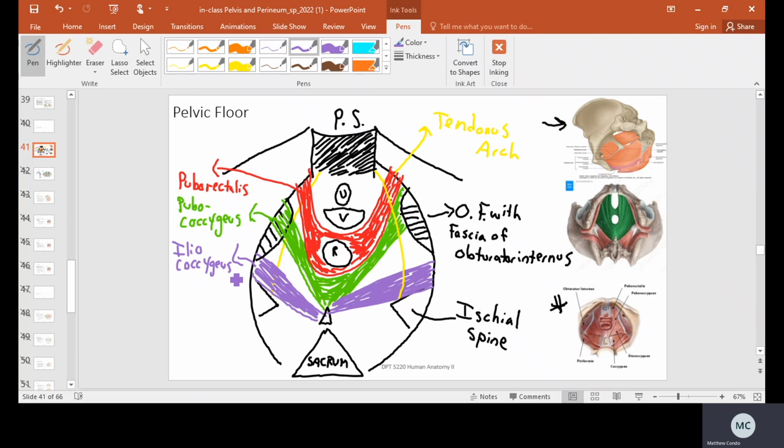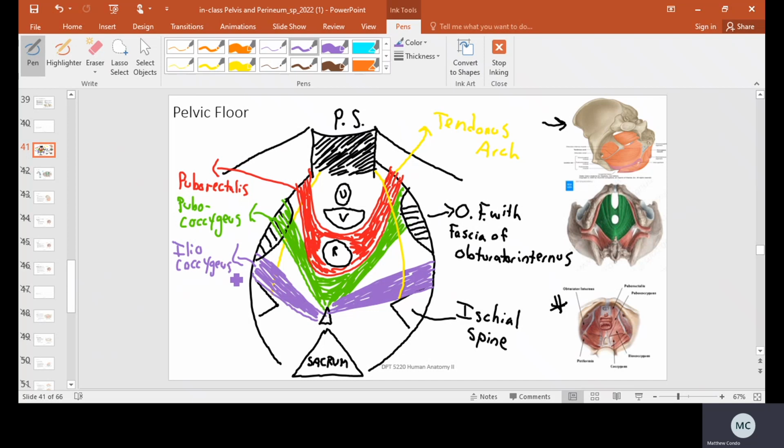So when I mention levator ani, what I'm really referring to is the combination of Pubo Rectalis, Pubo Coccygeus, and Ilio Coccygeus. And the reason is, when they did the original dissections, they said, oh, that's just one big muscle. Later, when more detailed techniques and more technology came out, they realized that's actually three different muscles.